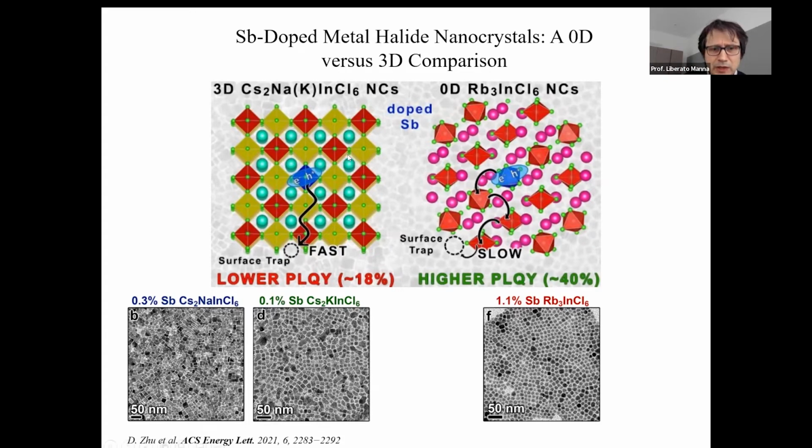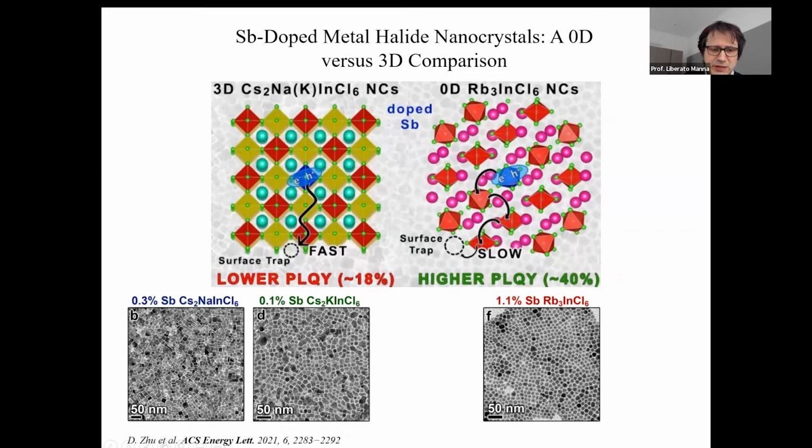And we compared this system with the system in which the octahedra are completely disconnected. This is the case of rubidium-3 indium chloride-6 nanocrystals, with indium chloride octahedra completely disconnected from each other. Also in this case, we introduced antimony as dopant.